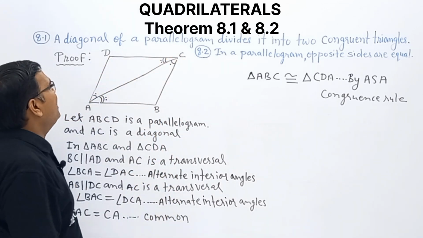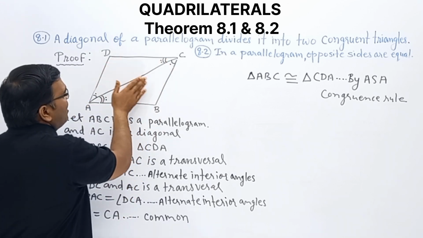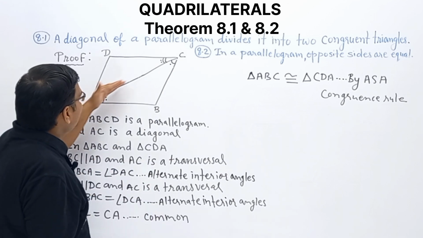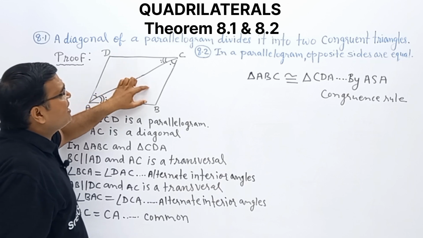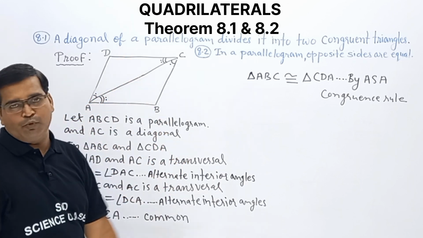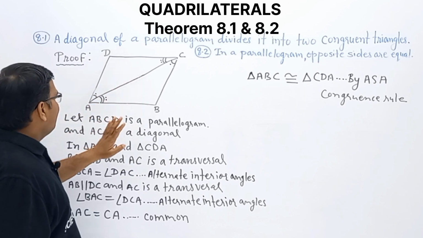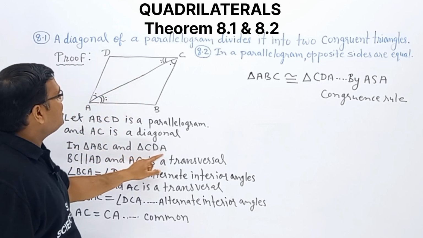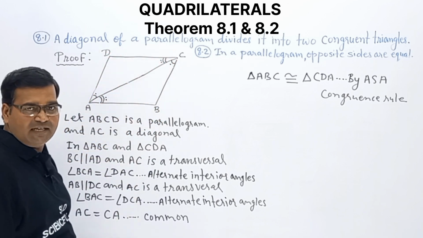We want to prove that this diagonal divides the parallelogram into two triangles, and that these two triangles are congruent. So we have triangle ABC and triangle CDA.